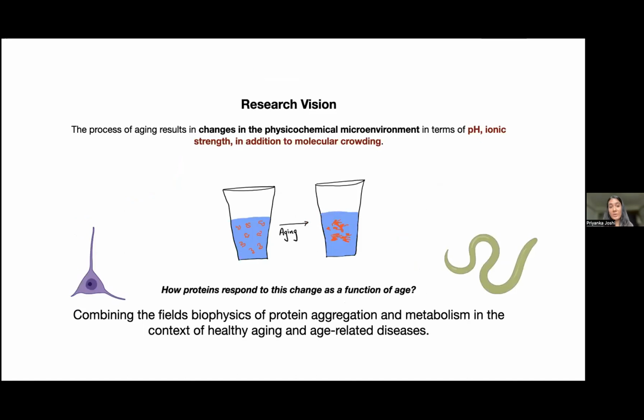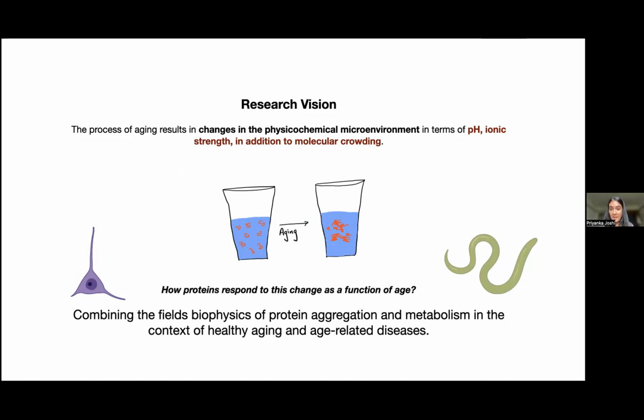So with this, my research vision has been largely to understand how changes in the physicochemical microenvironment, such as pH and ionic strength, can lead to molecular crowding. That is, I asked the question of how proteins respond to this change as a function of age, as an environmental stressor. I combine the fields of biophysics of protein aggregation and metabolism in the context of healthy aging and age-related diseases.